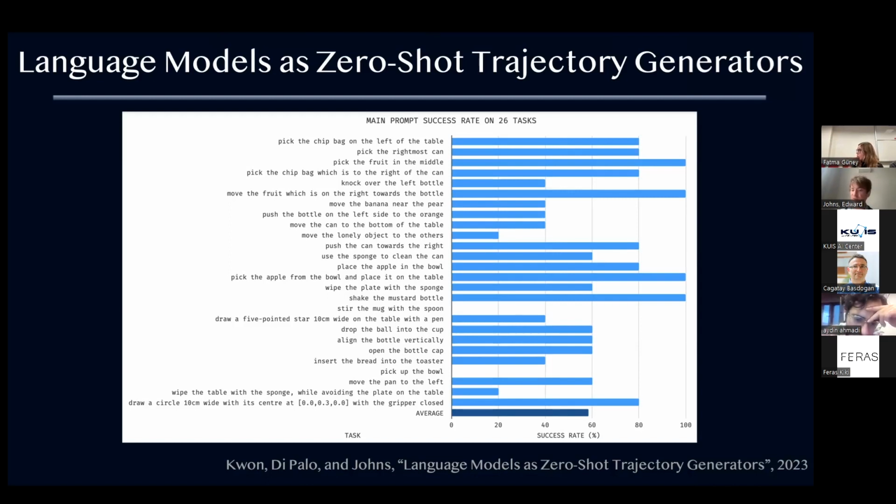This is really promising because we didn't necessarily expect GPT to be good enough to do these tasks, because often the assumption is that because GPT hasn't been trained on physical action data, it probably won't really work for low-level control. But actually, we found that for many tasks, it does work quite well.